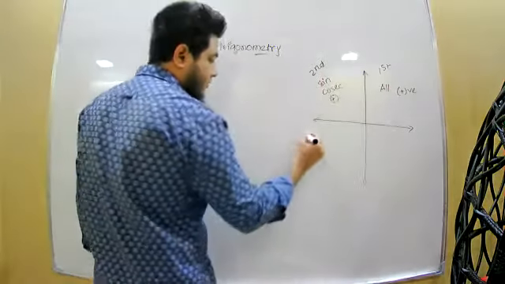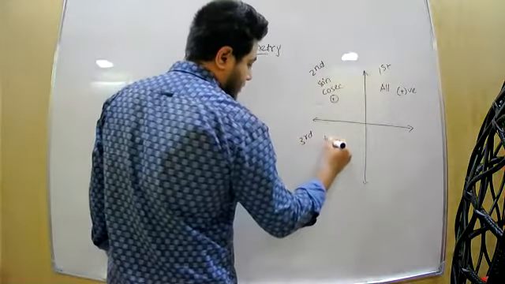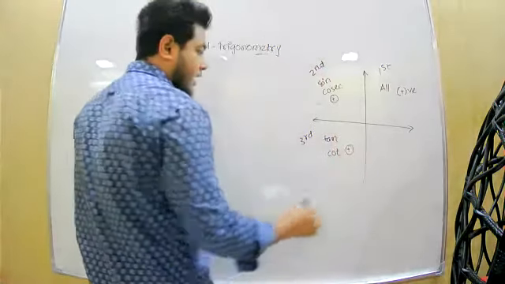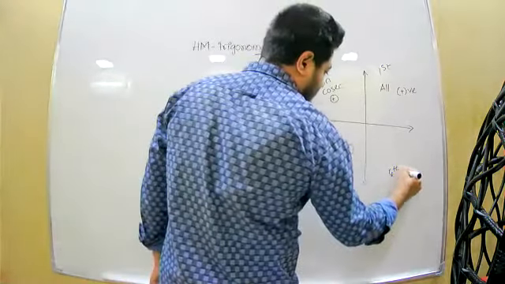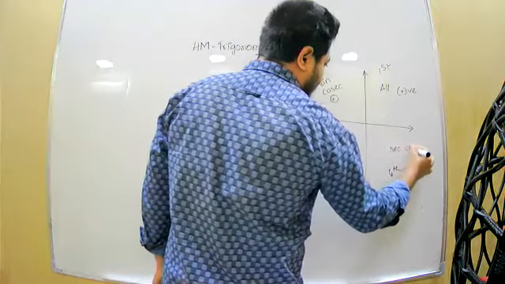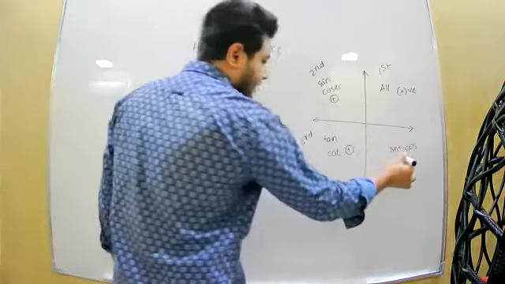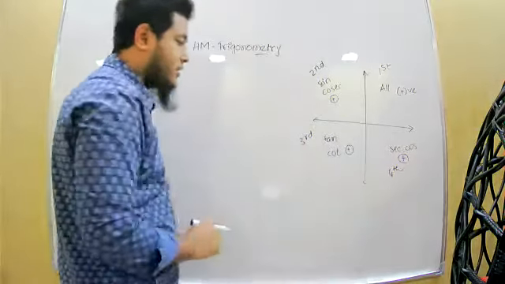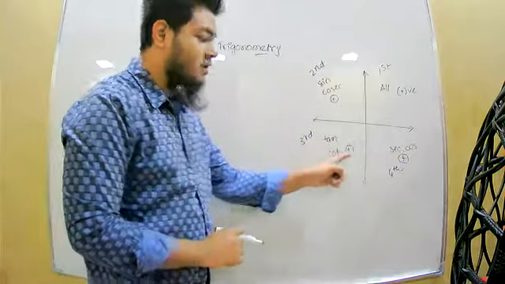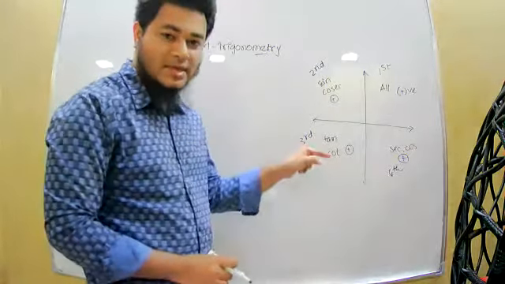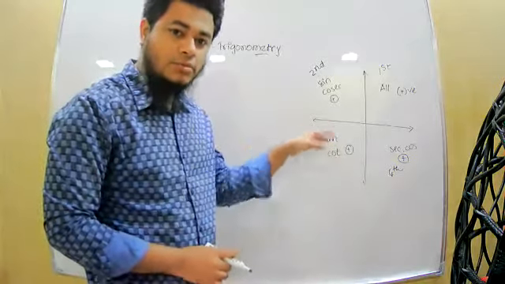In the third quadrant, tan and cot positive, and in the fourth quadrant, sec and cos, these two are positive. Okay, so that means in the third quadrant, only tan theta and cot theta will be positive, and all other trigonometric ratio like sine, sec, cos, all of them will be negative.